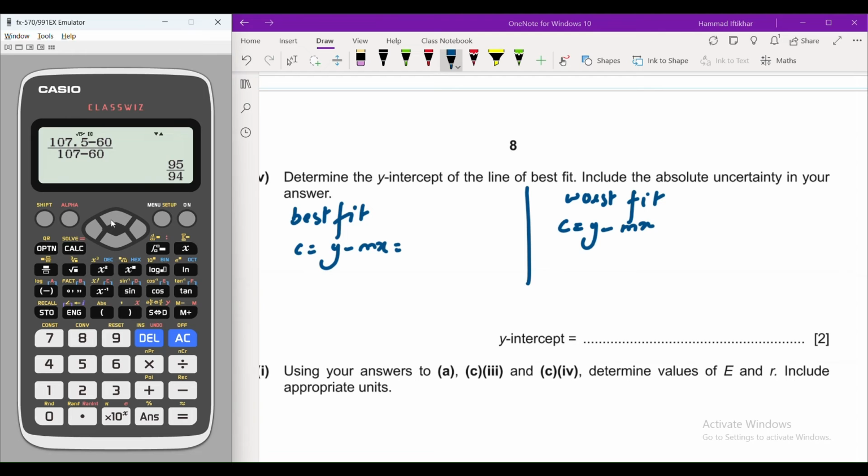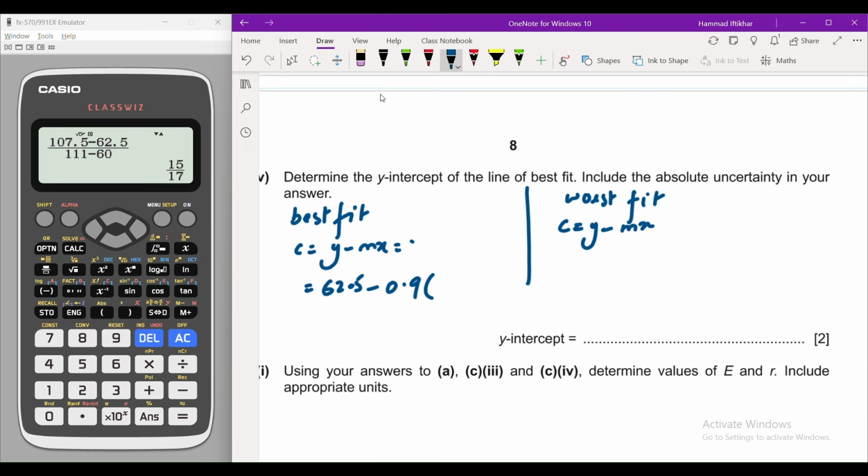Let's take one of the values for the best fit: 62.5 minus 0.9 times 60.